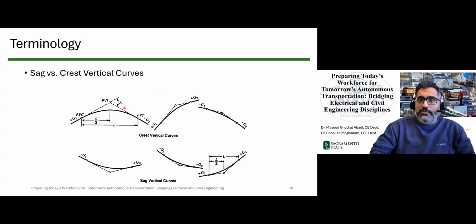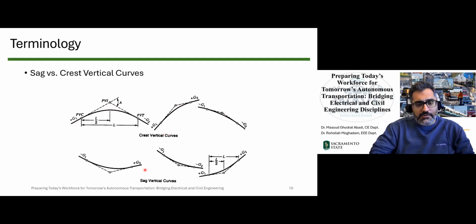Now, the technical difference is that for crest curves, PVI, point of vertical intersect, is going to be above the curve itself. So as you can see in all these examples of the crest curves, we have the PVI on top of the curve.